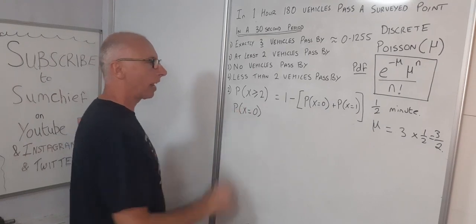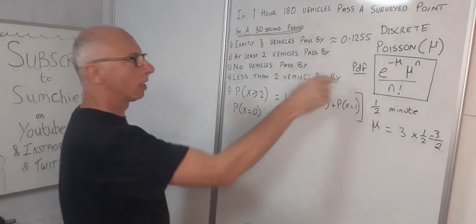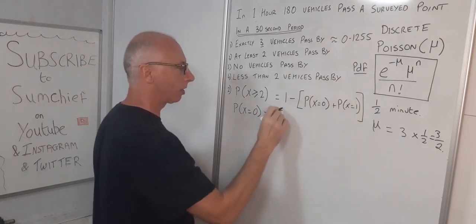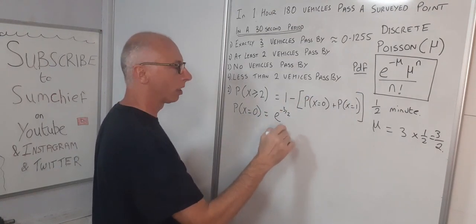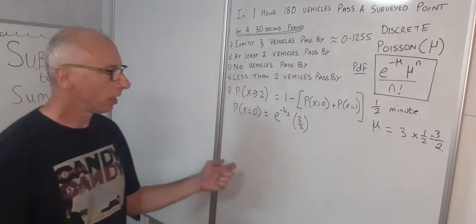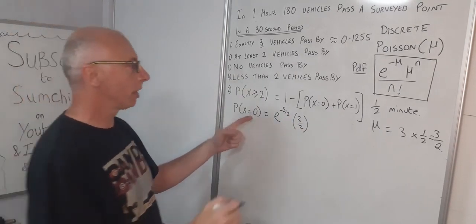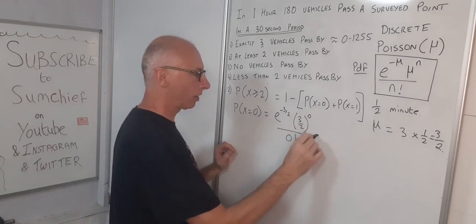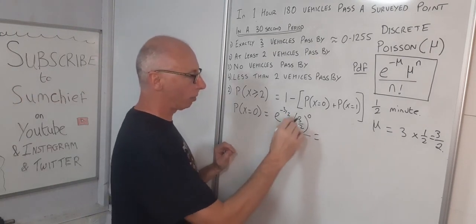So probability x equals 0. So use our PDF, e to the minus lambda, which is 3 over 2, and then 3 over 2 to the power of our n. So our number of instances, this term is 0. And then divide that by 0 factorial. So now these are just going to be 1.